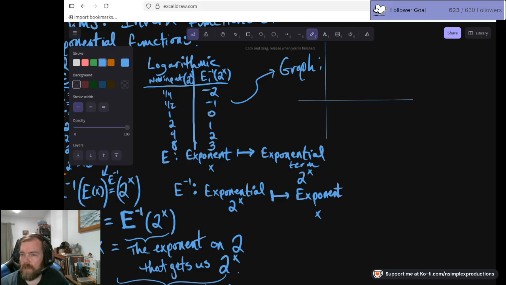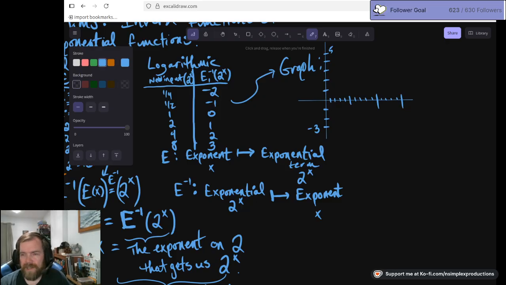Essentially, as we're counting either up or down in the y direction, we're going to be multiplying in the x direction, give or take.